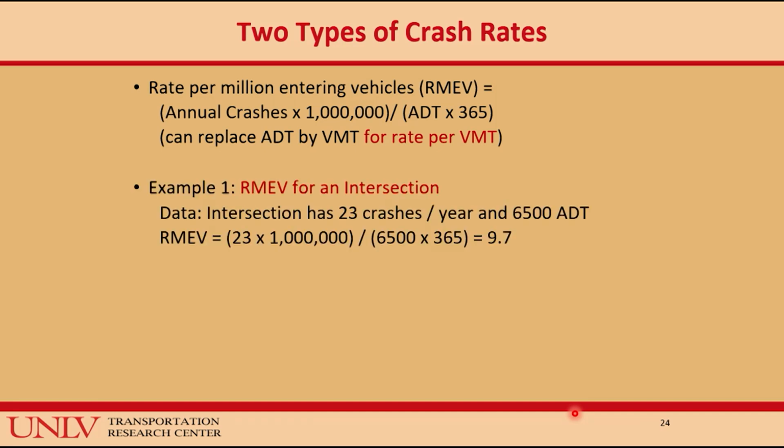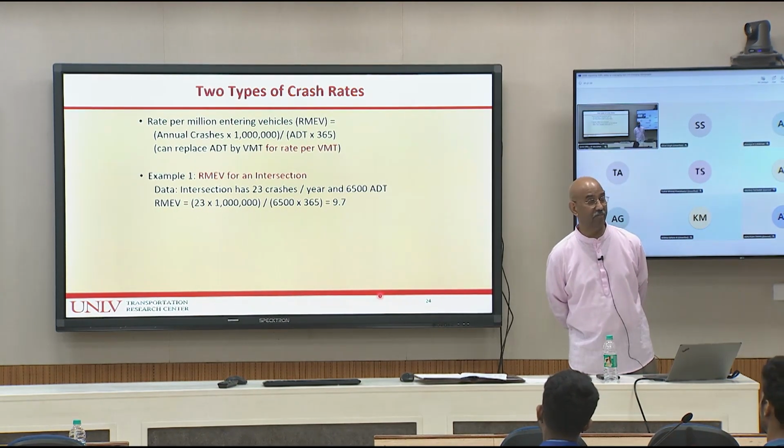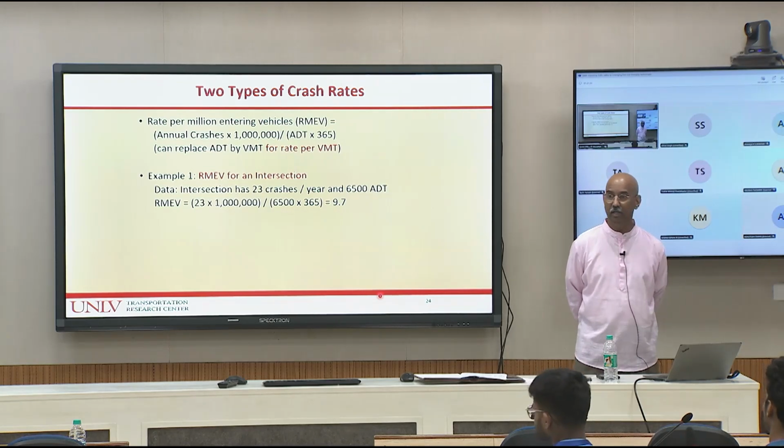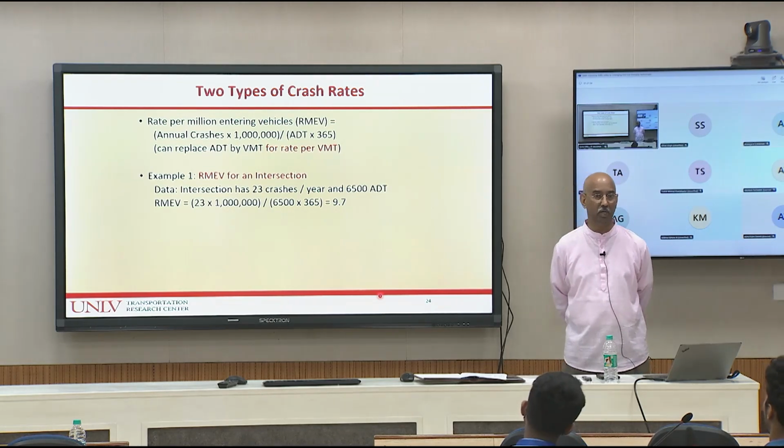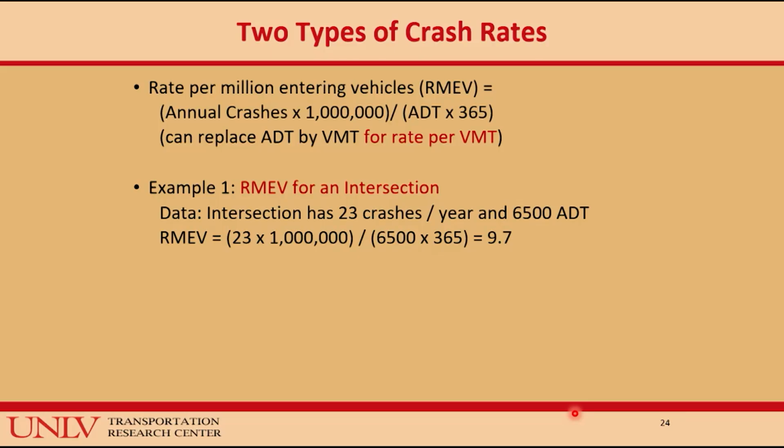For an intersection, this is a simple example: it had 23 crashes, and the average daily traffic was 6,500. If you do the calculations that I have outlined, the crash rate is 9.7 crashes per million entering vehicles.